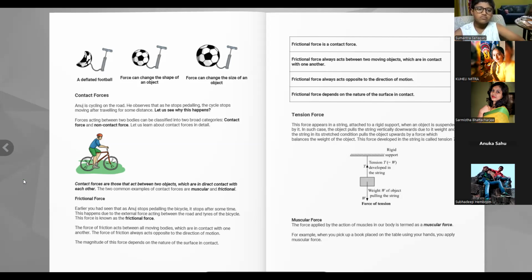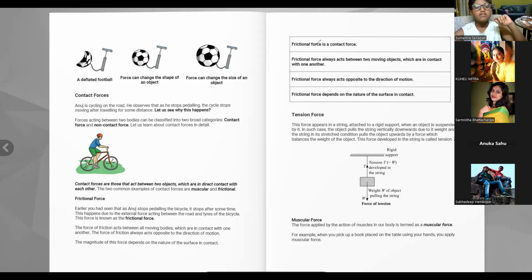Yes, Sumantra, tell. Miss, as it has been told that frictional force depends on the nature of the surface in contact, there are two causes of friction. First is the interlocking of surfaces. And what type of surfaces?